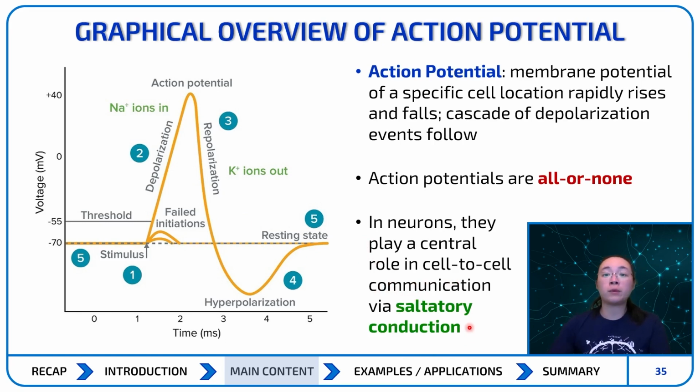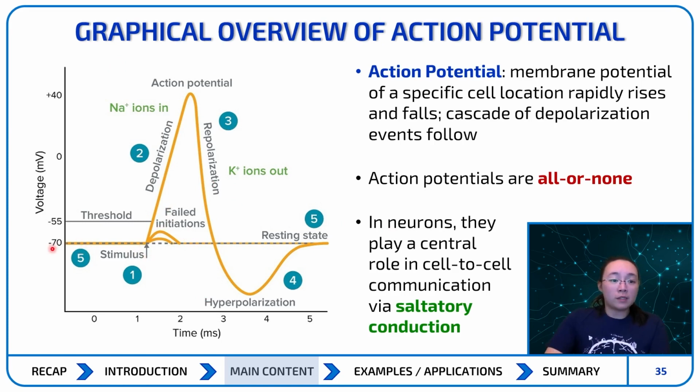After we talk about an action potential, which is basically what happens within one part of the axon, we then take a look at saltatory conduction, which allows for the transfer of that action potential along the entire axon of your neuron. Taking a look at this graph, this is the approximate plot of a typical action potential, which shows its various phases from steps 1 to 5 and on repeat.